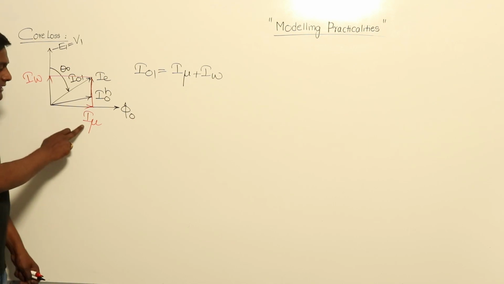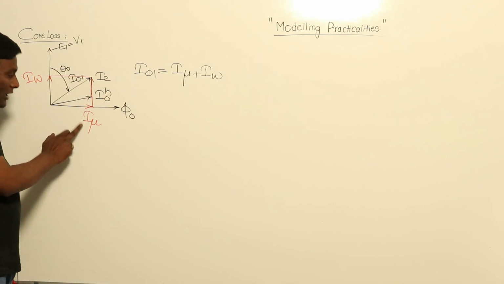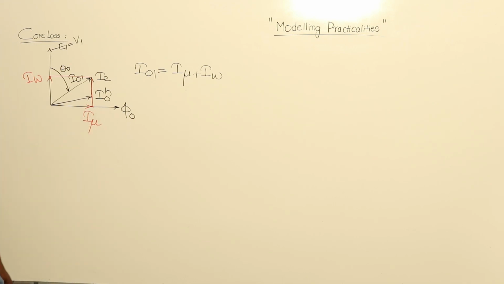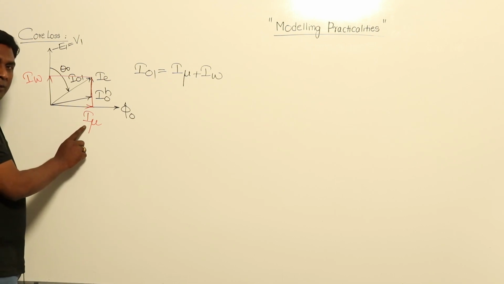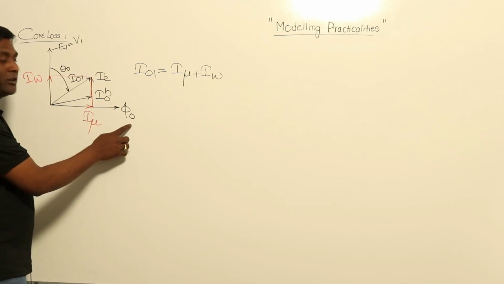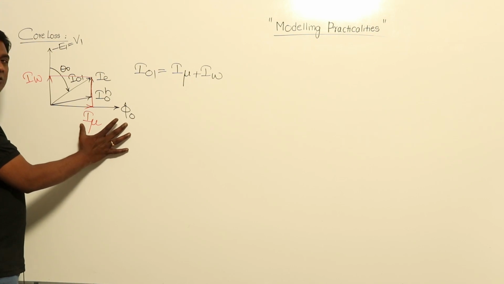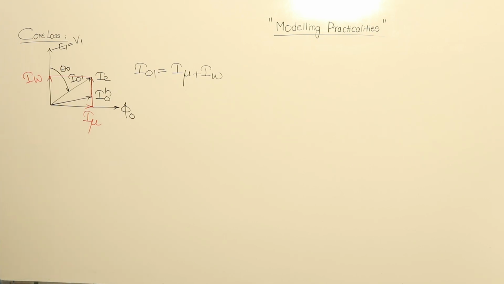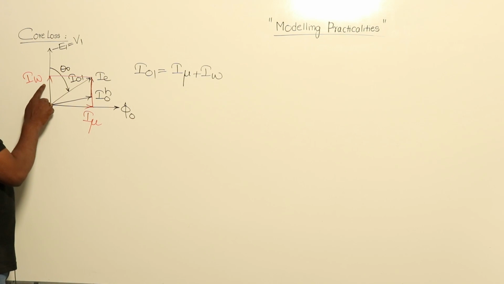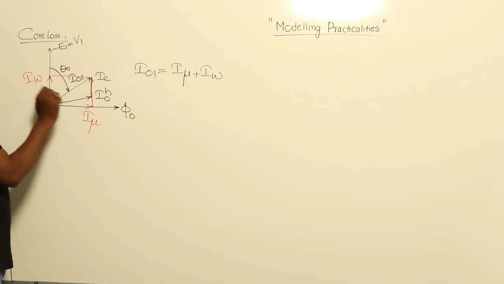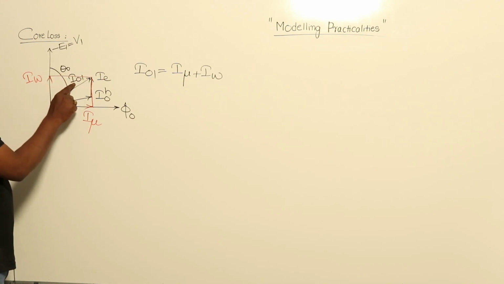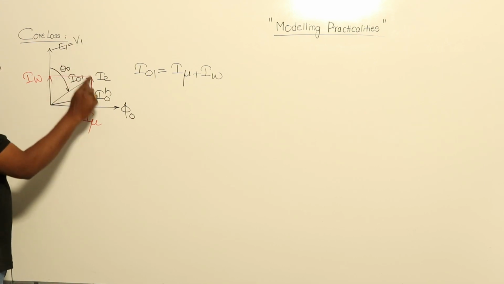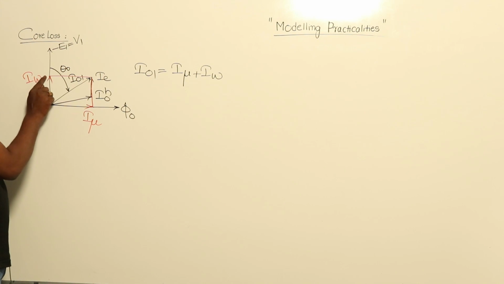At that time the current would set up the flux. So I mu is called the magnetizing component of no load current, which will try to set up the flux in the magnetic material. And IW: in no load current, the total core loss is V1 I01 cos theta naught.